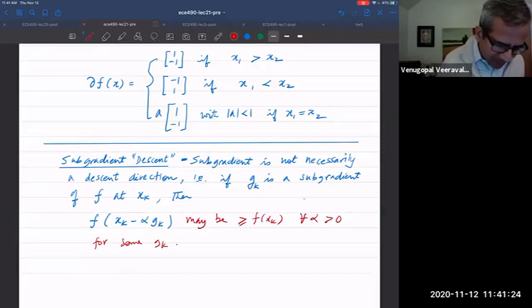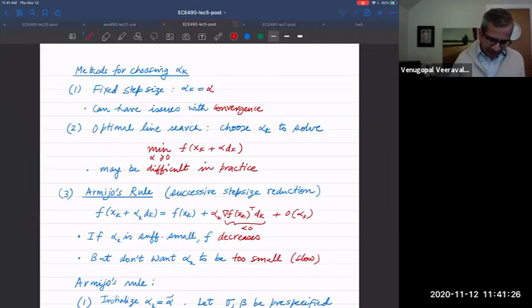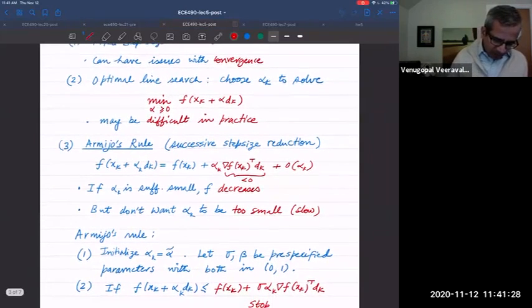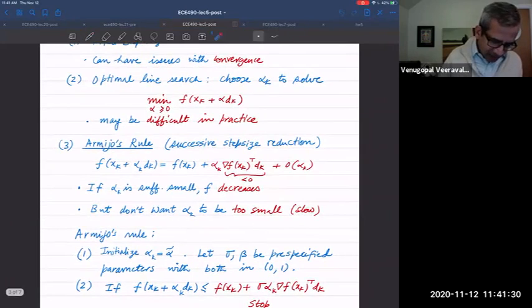Again, going back to lecture 5, why can't that happen with a gradient? If you look at a first order expansion, you can expand f of x_k plus alpha d_k as f of x_k plus this term, right? This term is going to be negative as long as d_k is a gradient direction.